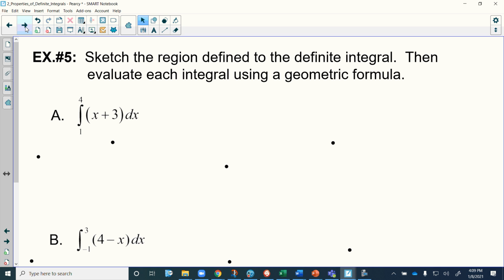Now, for most of these next examples, I'm going to show you a couple of ways to do it. I'm going to show you, based off of what the function would be, how we could find the area, or how we could use the properties that we were seeing earlier in the lesson. So do it whichever way you prefer.